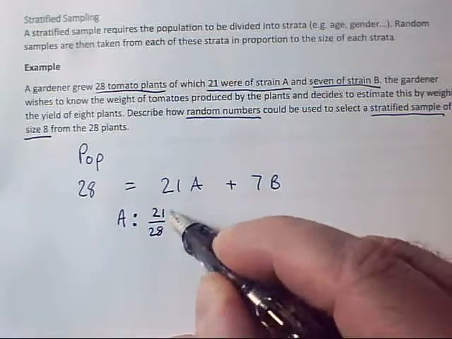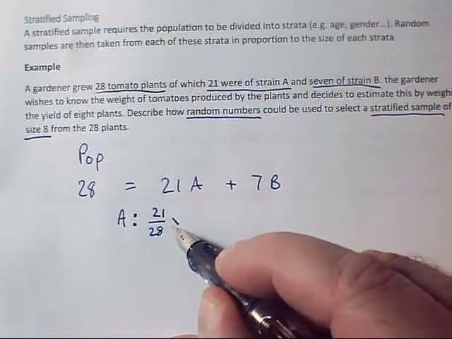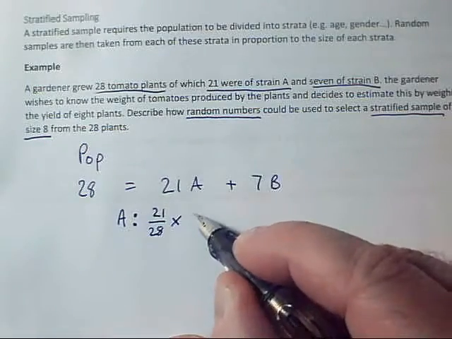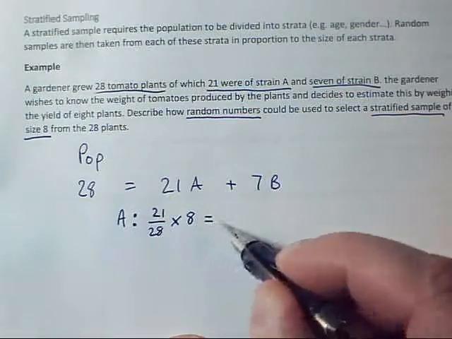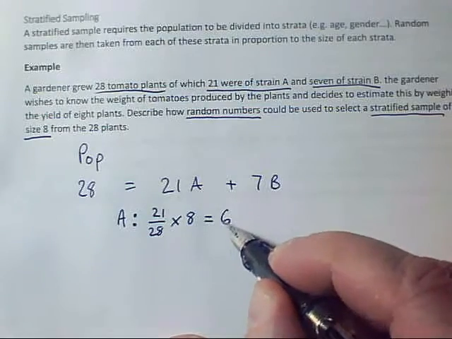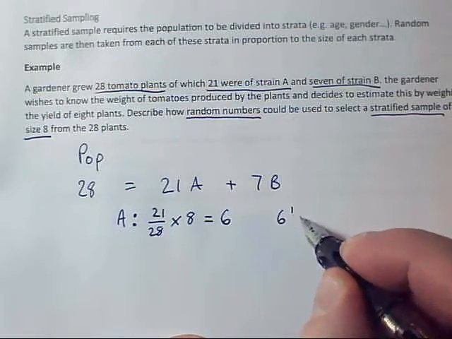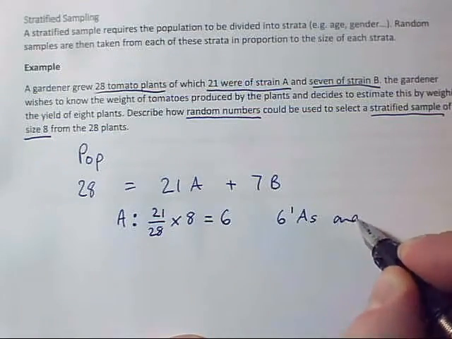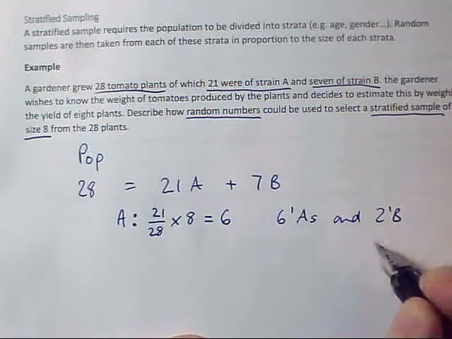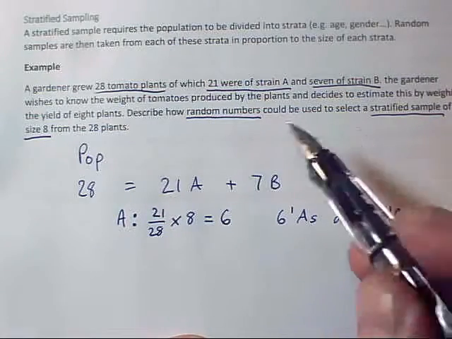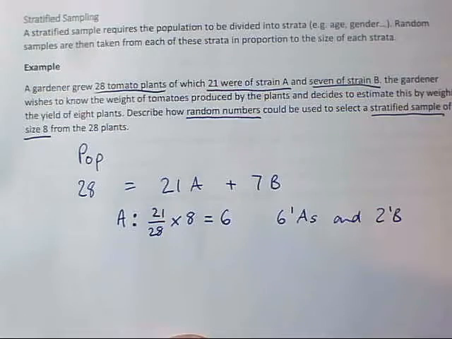So that's the correct fraction, and if I apply that to the size of the sample, which is 8, then I get 3/4 of 8, which is 6. So I need 6 A's and 2 B's. So part of the question is deciding how many from each subgroup I need to have in my sample.